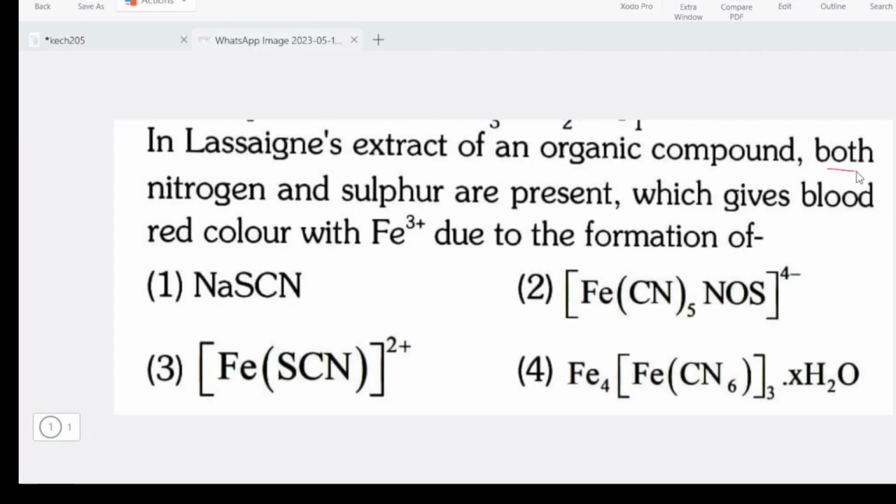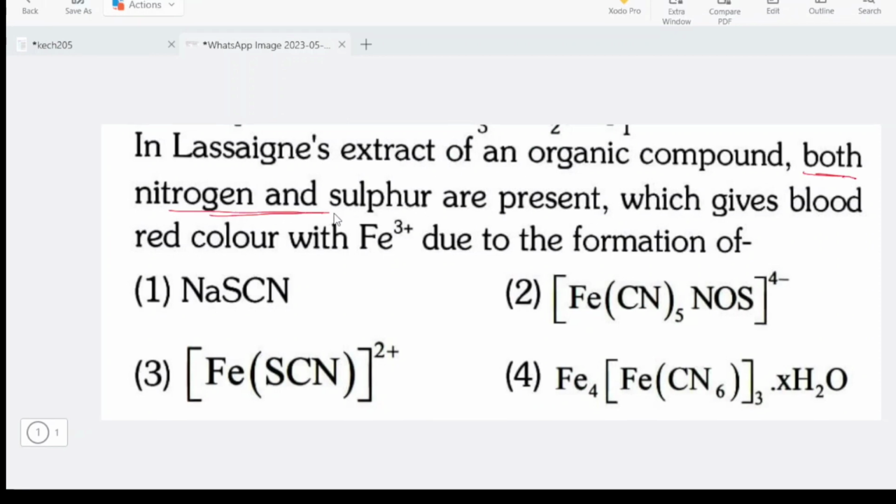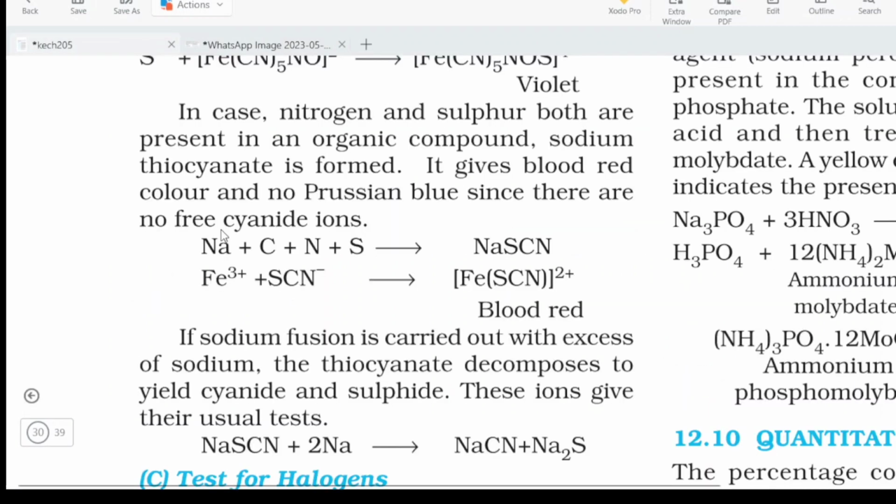Let us see: if only nitrogen is present, then it will form NaCN, sodium cyanide.